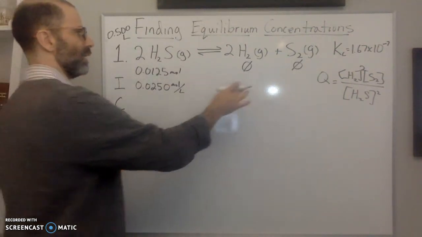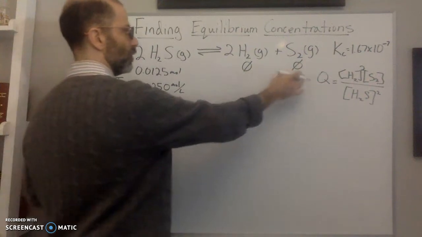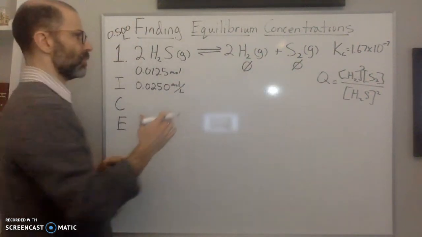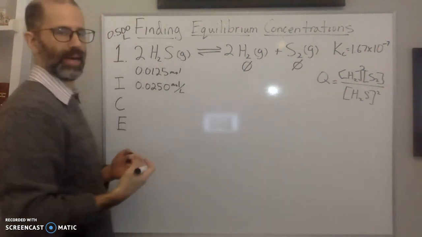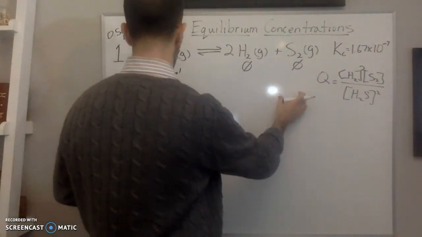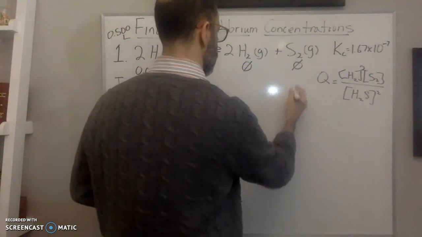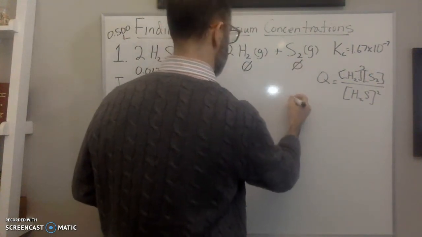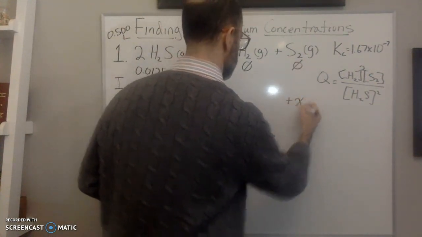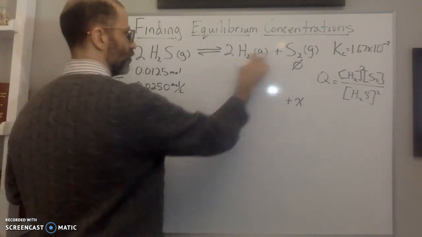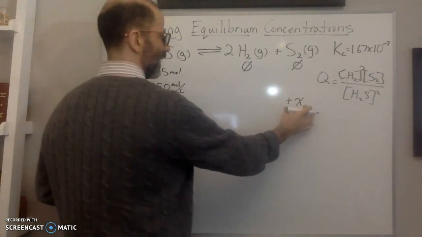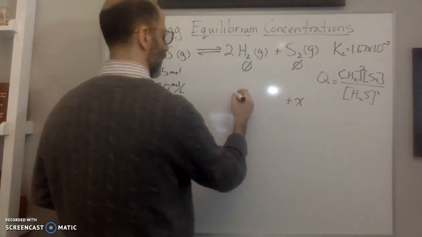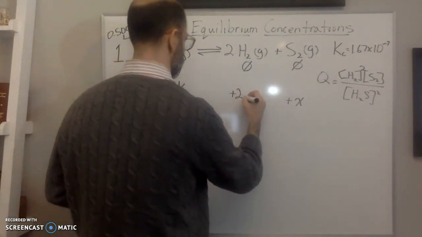For the change, if we're doing our stoichiometry, we'll call the gain in S2 positive x. There's a 1 to 2 ratio between these two, so whatever is gained in S2 as x is going to be gained as 2x in H2.